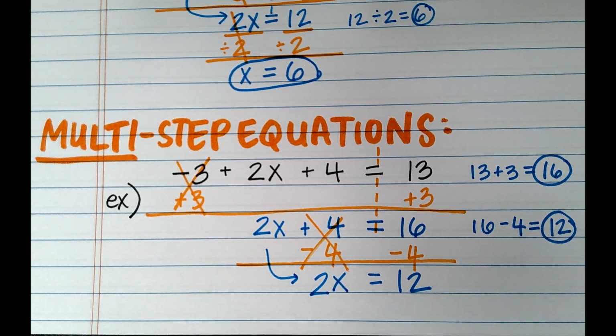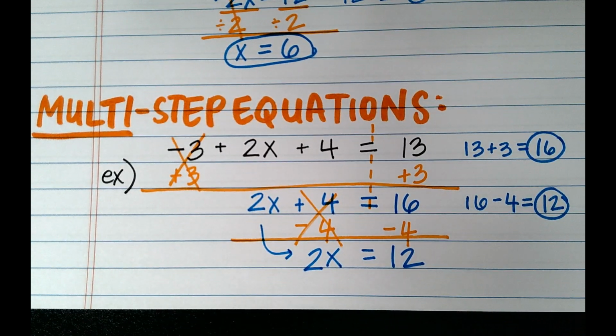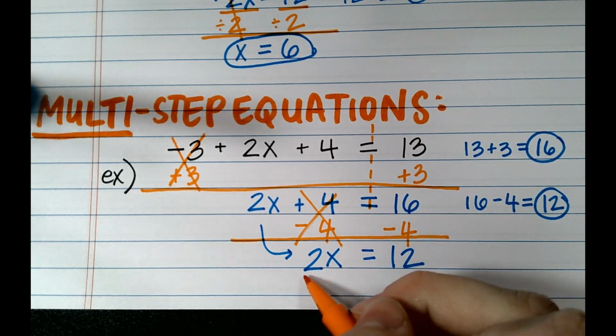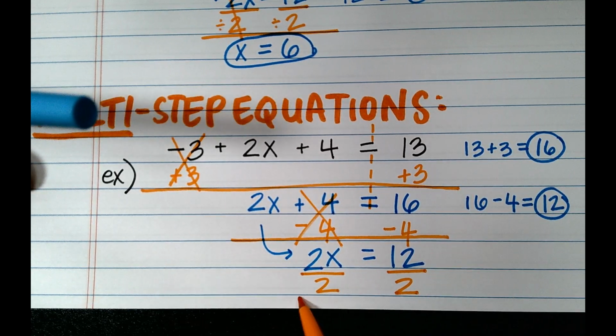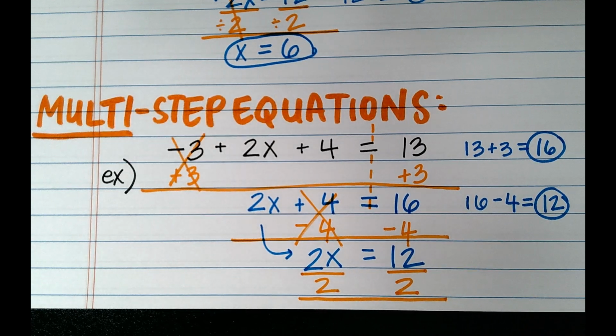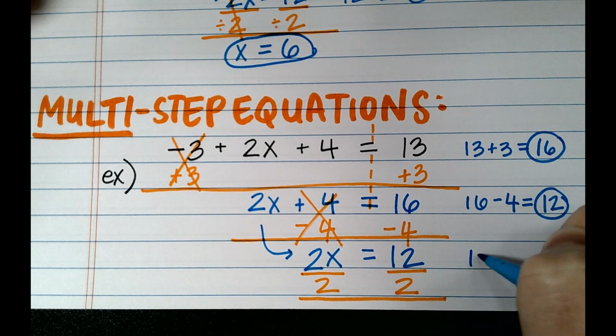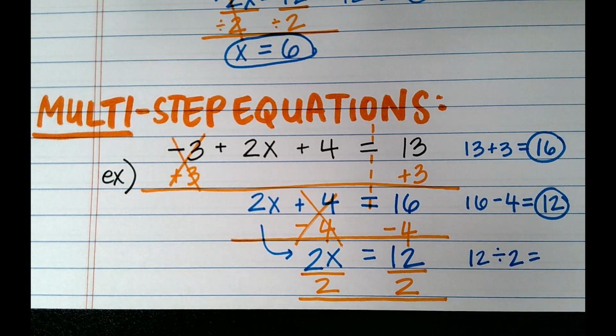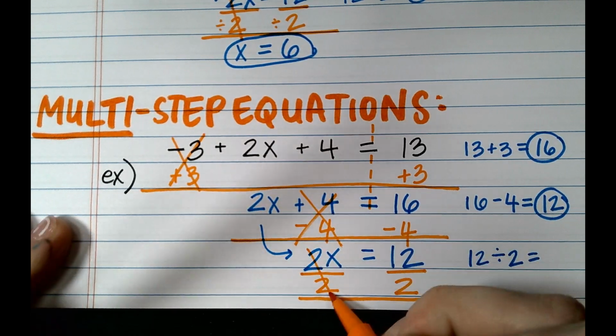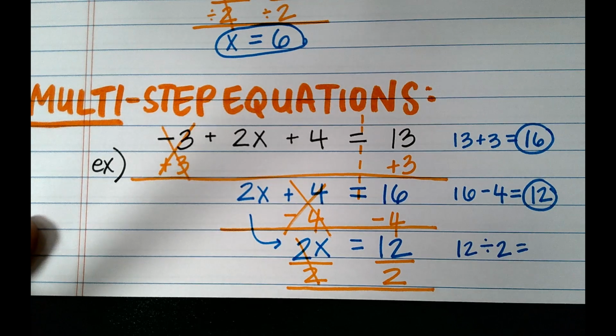Oh man, we're almost done. 2x equals 12. What do I do? Divide by 2 on both sides. My 2's will cancel. And 12 divided by 2 is 6.